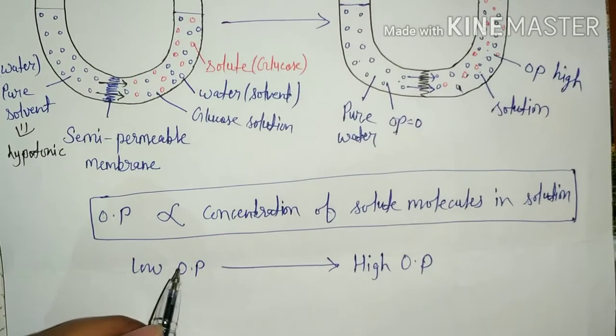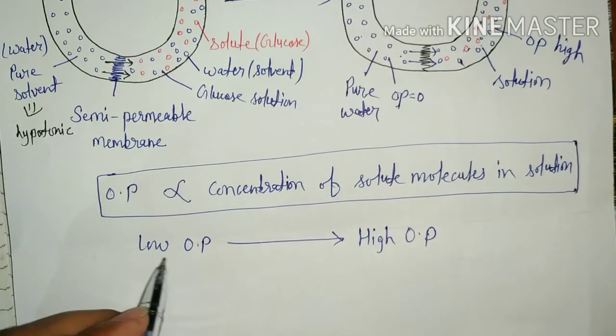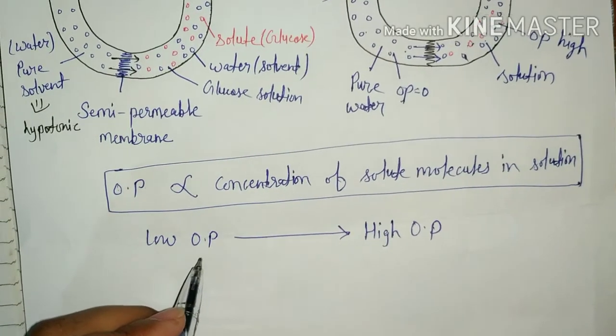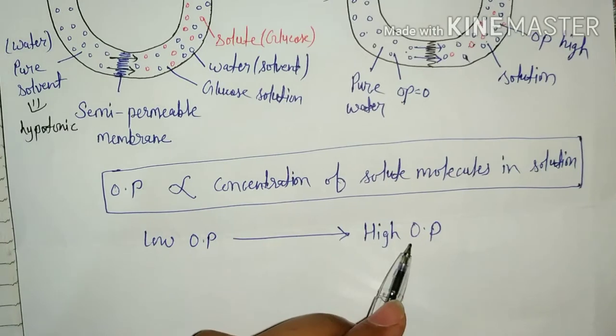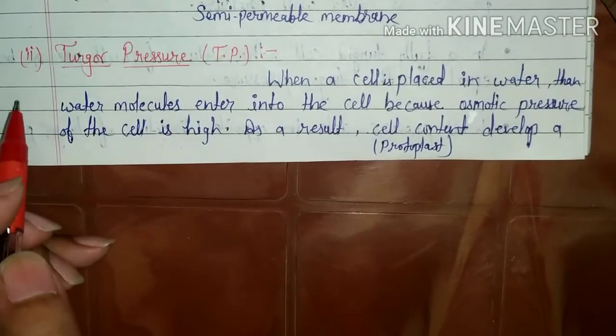Then water molecules move from the solution of low osmotic pressure to the solution of high osmotic pressure when the two are separated by a semi-permeable membrane.